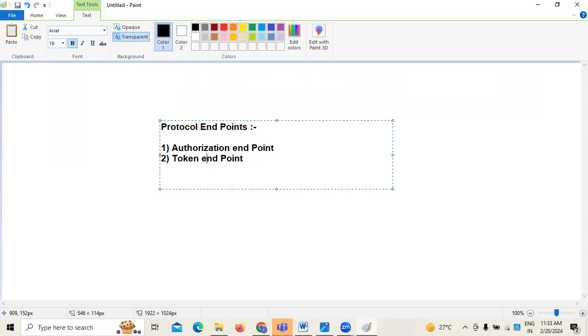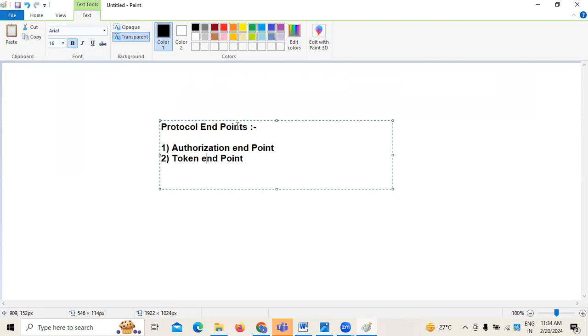When it comes to the token endpoint, it is about the token. Normally, the authorization endpoint is used by the client applications, because whenever we are working on client applications and want to obtain authorization from resource owners, this authorization endpoint is what we normally use.